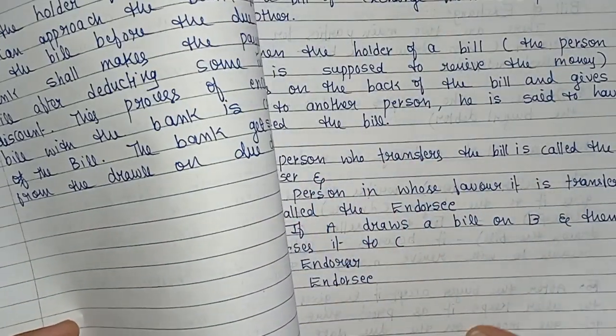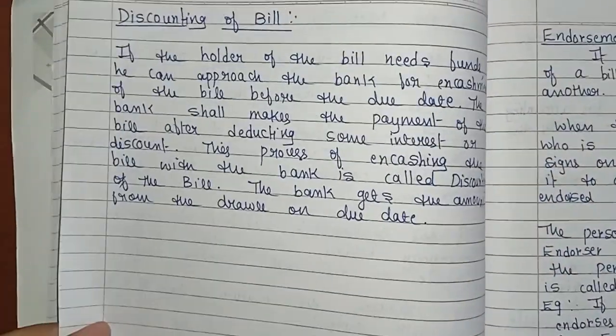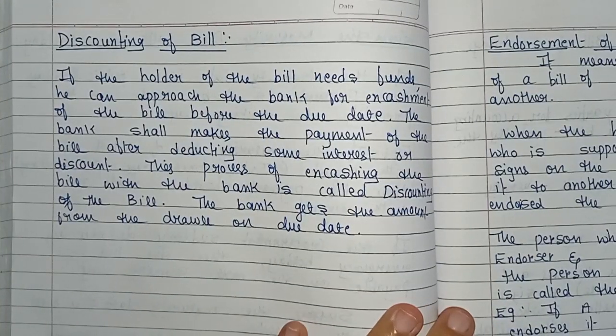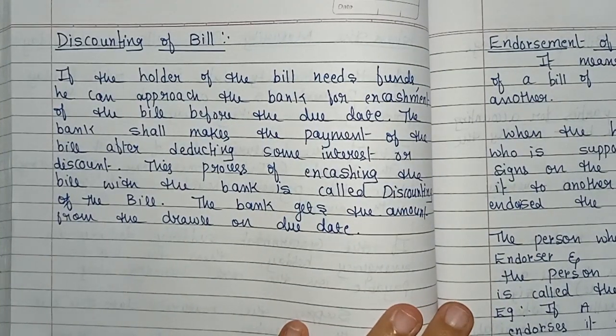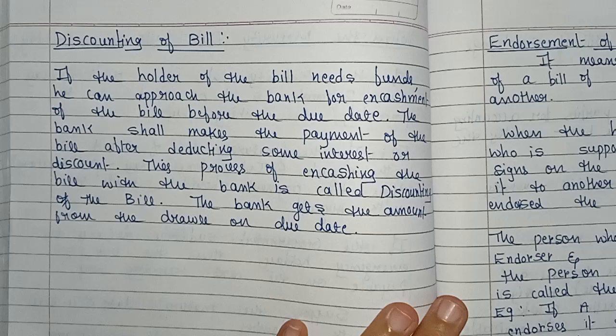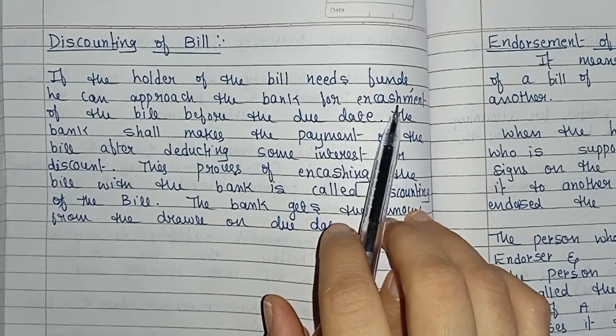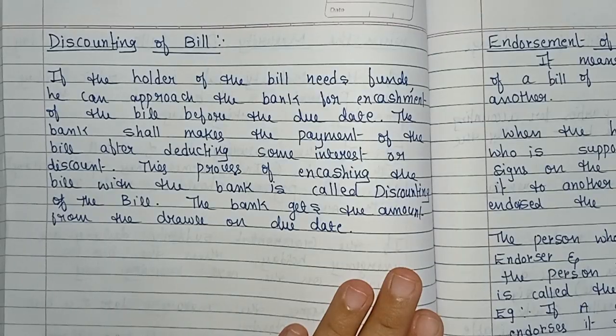Now, the second term is discounting of bill. What does it mean? If the holder of the bill needs funds, he can approach the bank for encashment of the bill before the due date.